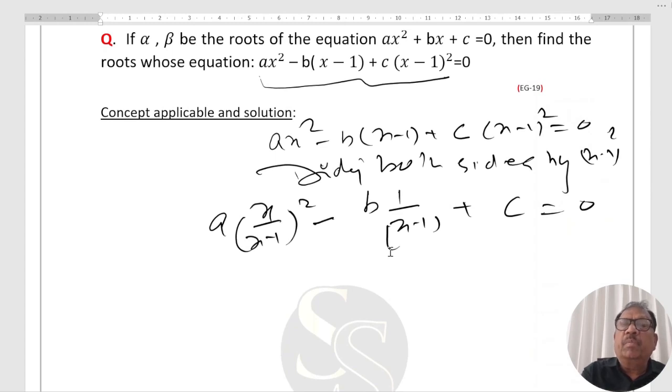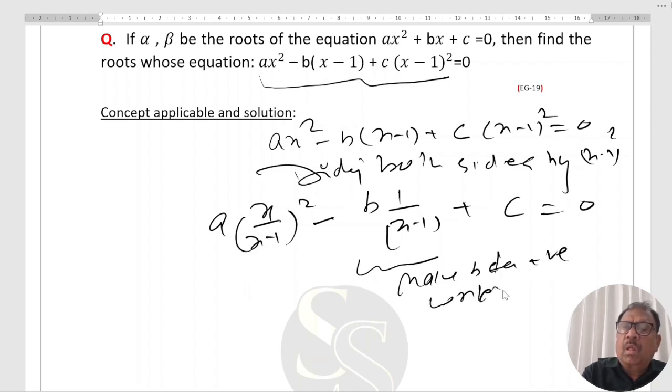Are we in a position to compare it with this one? No, it is not comparable. Here is a plus sign, here is a minus sign. To make it plus, take one minus sign common from here. It is a square, so we can write 1 minus x here, making b come positive, writing 1 minus x instead of x minus 1.